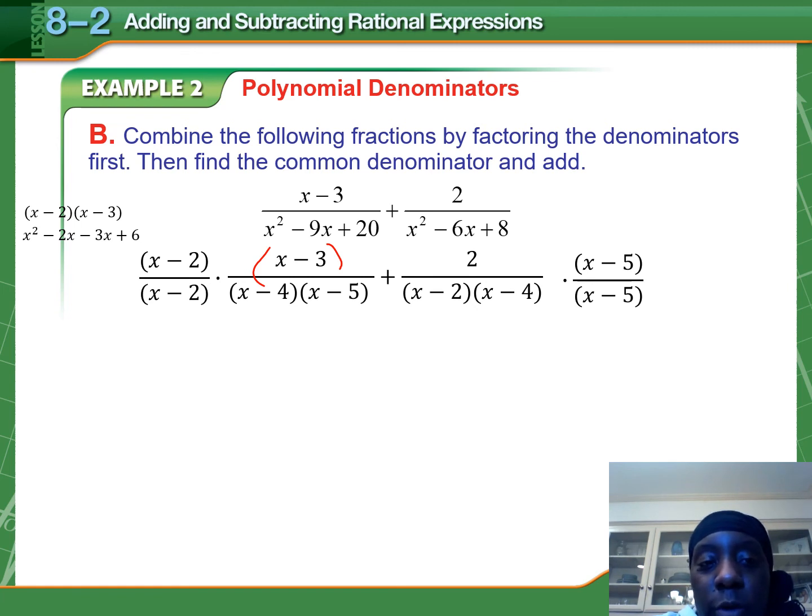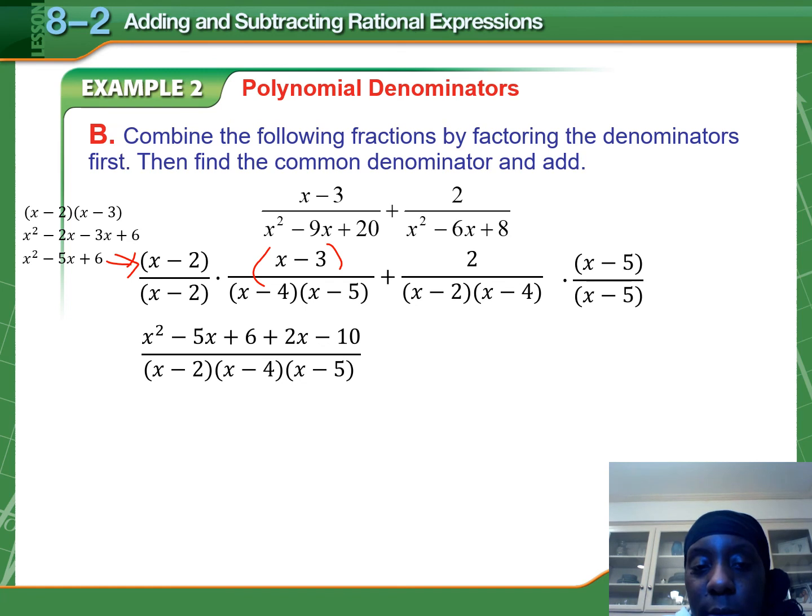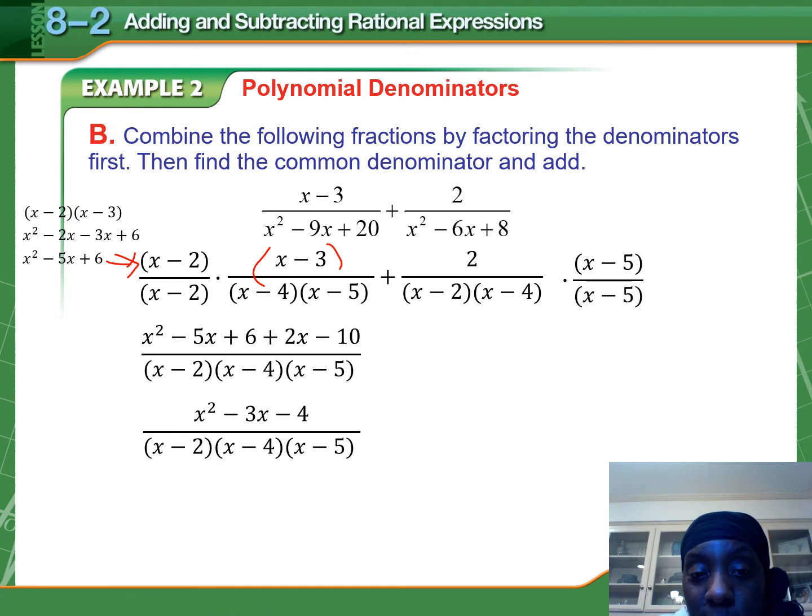Notice what I'm doing over there, x minus 2 times x minus 3. So this right here is going to turn into that for my numerator. That's easy to do because all I have to do is 2 times x and 2 times negative 5. And so all as one, I get all that in my numerator. Then I can combine like terms, and there you go.